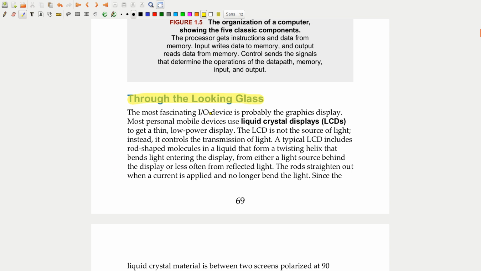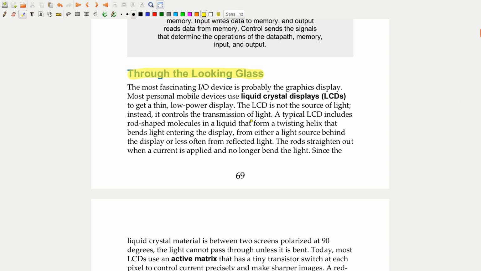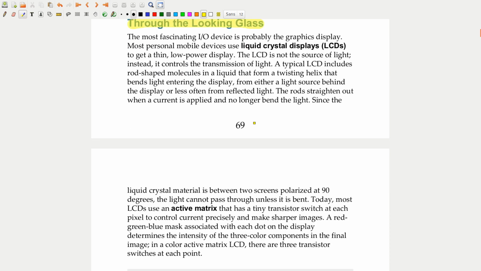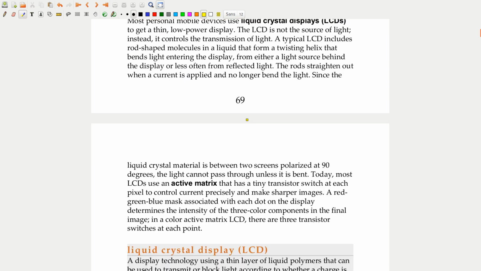So the most fascinating I/O device is probably graphics displays. They're talking about LCDs here. Anything interesting? Okay, we can skip a lot of this. We don't need to really care about what makes up an LCD. So there's rods that, when current is applied, no longer bend the light.